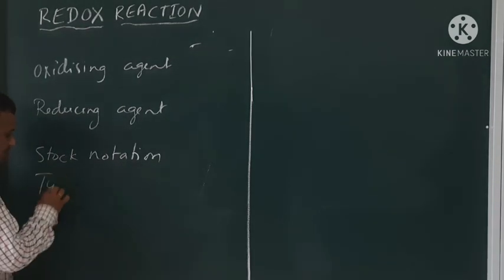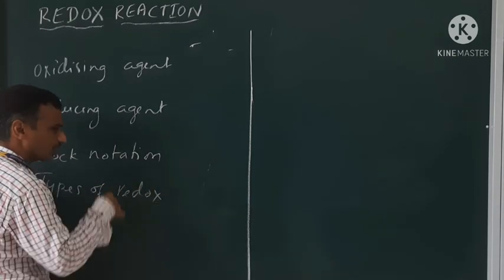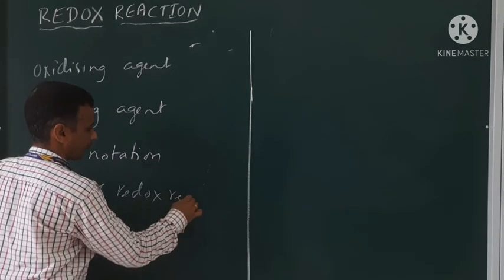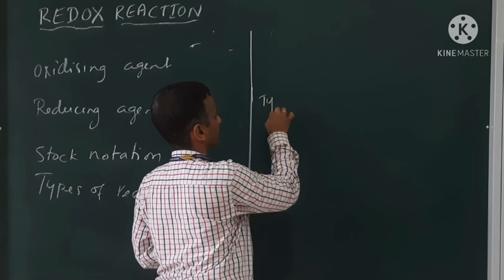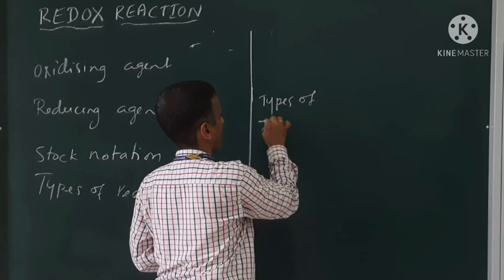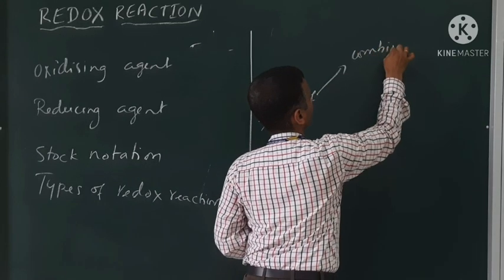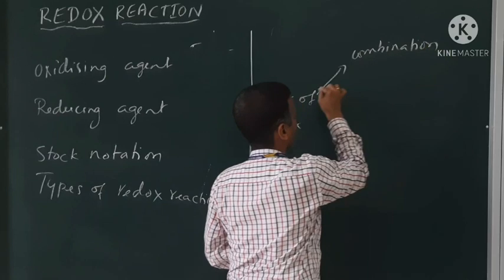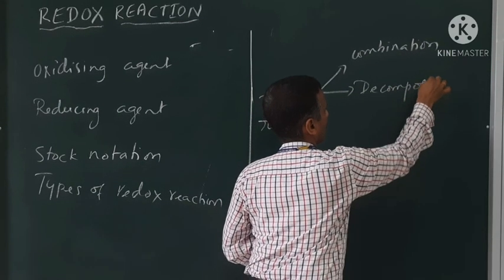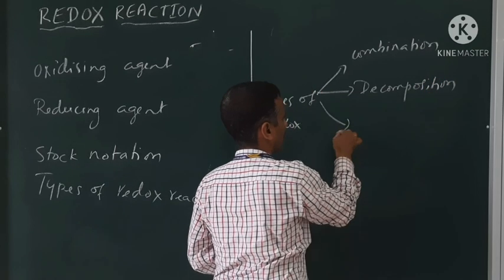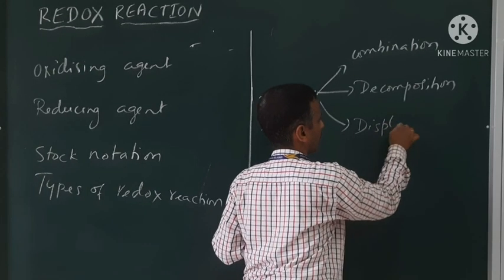Then the types of redox reactions, because there are different types of redox reactions. When I say types of redox reactions, I have combination redox reaction, decomposition redox reaction, and displacement redox reaction.